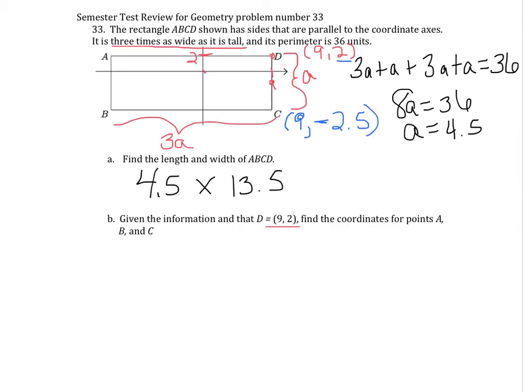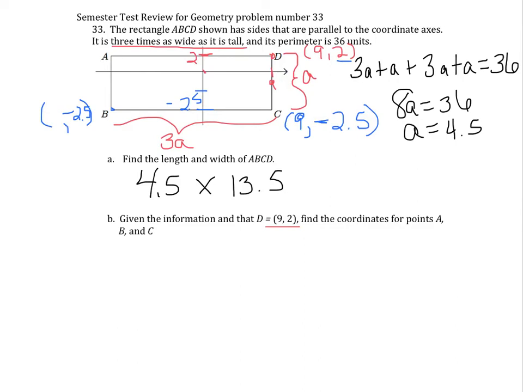Then that means this line right here is on the horizontal line Y equals negative 2.5. That would be this blue mark right here, which also means point B would have a Y value of negative 2.5. But then the question is, what is its X value?